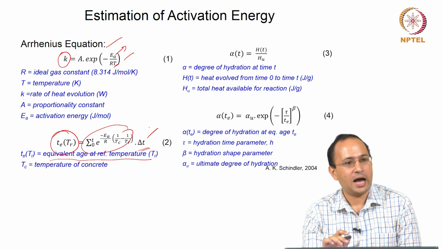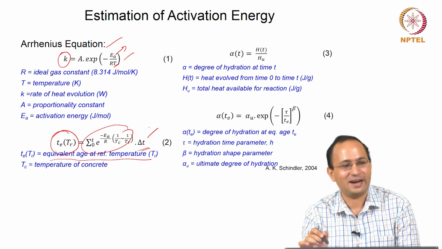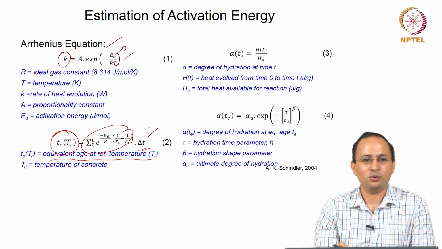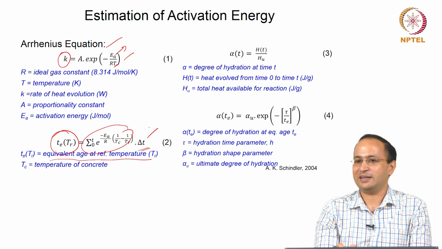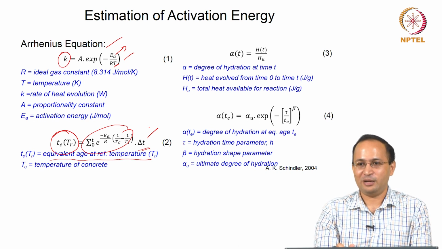Okay, now the important thing, how do we calculate degree of hydration, right. We all want to know what is the degree of hydration. Is it 10%, 20%, 30%, 100%, right. How do you calculate?